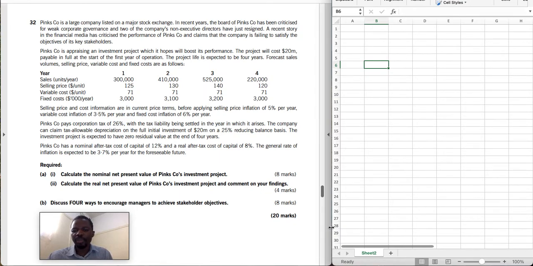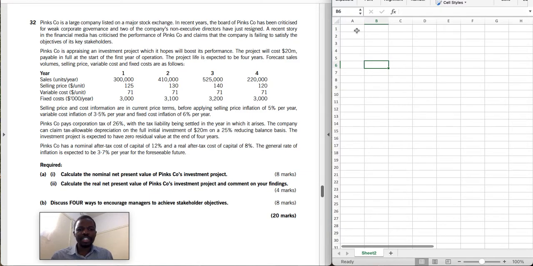Pink Co has a nominal after-tax cost of capital of 12% and a real after-tax cost of capital of 8%. The general rate of inflation is expected to be 3.7% per year for the foreseeable future. Required A, calculate the nominal present value of Pink Co's investment project, 8 marks.